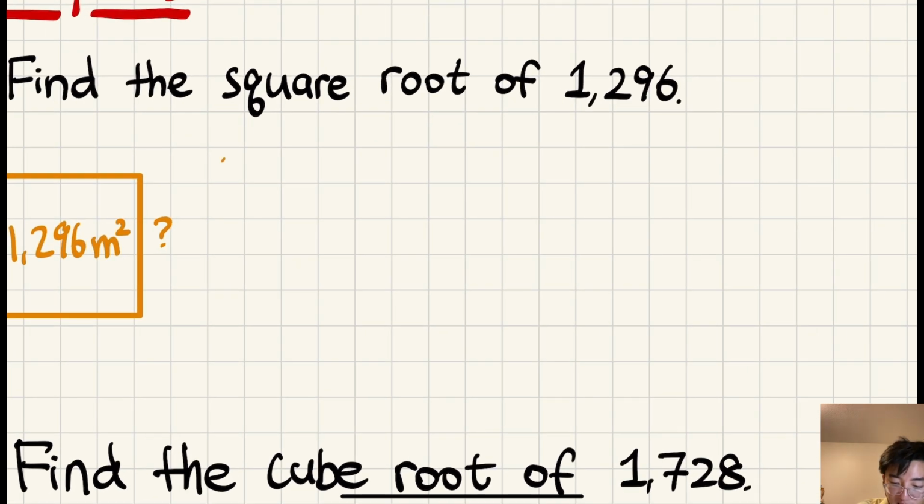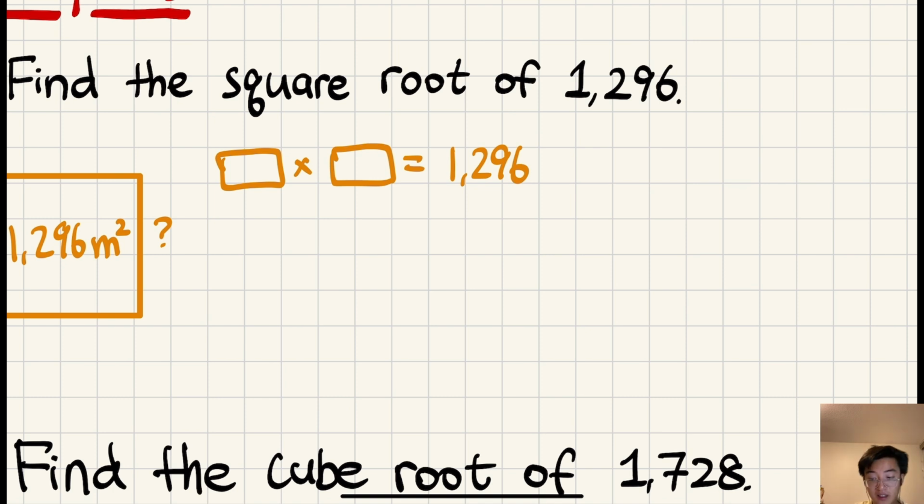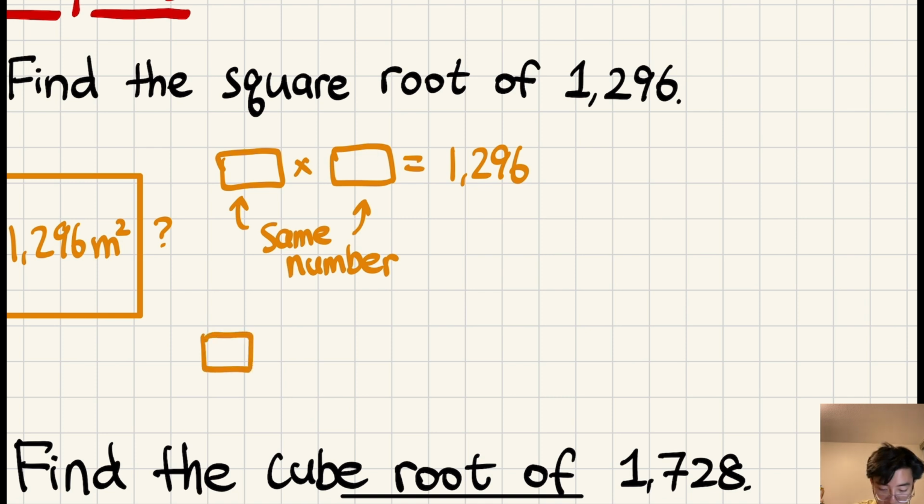So we are saying what number times what number equals 1,296, and the "what number" here should be the same number. What number multiplied by itself is 1,296, or essentially, what number squared, or to the power of 2, is 1,296.